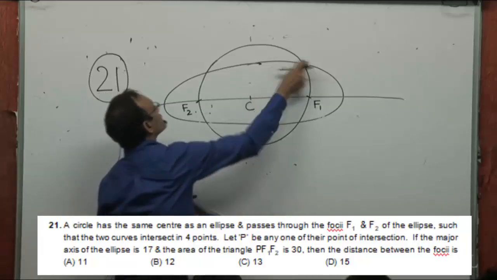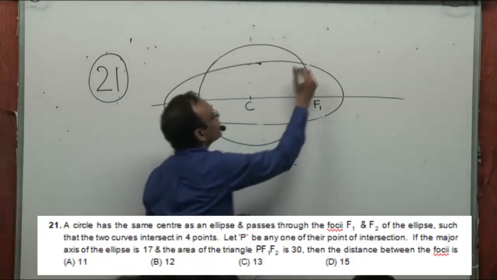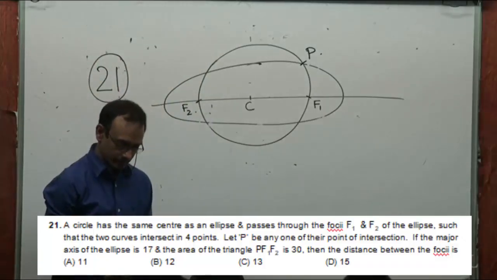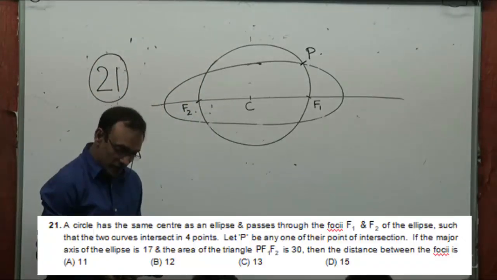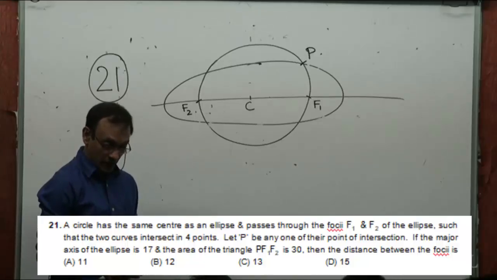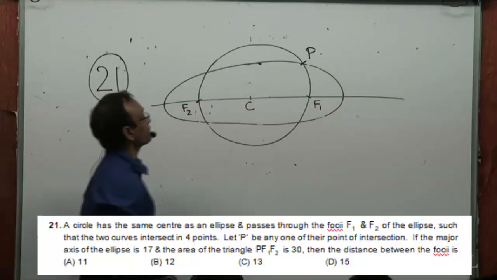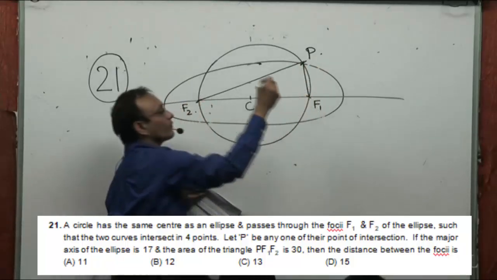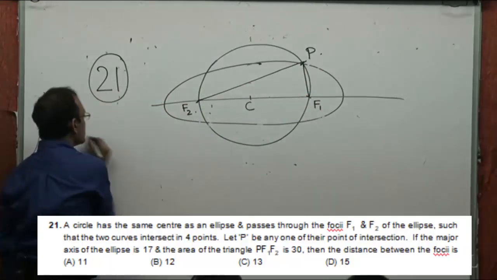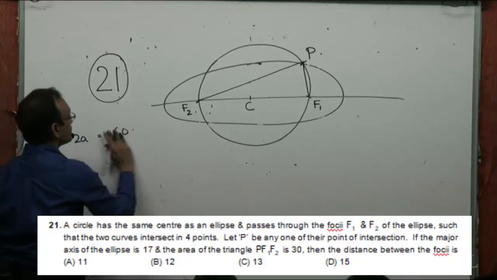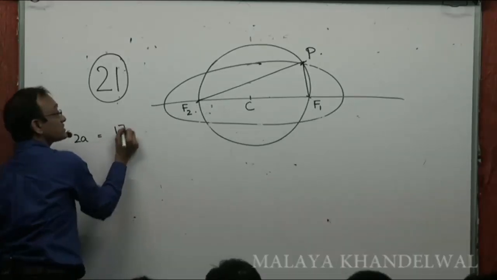PB, so there are 4 points, 1, 2, 3, 4. P is one of the points of intersection of the circle with the ellipse. If the major axis of the ellipse is 17, and the area of the triangle PF1F2 is 30. Major axis is 17.